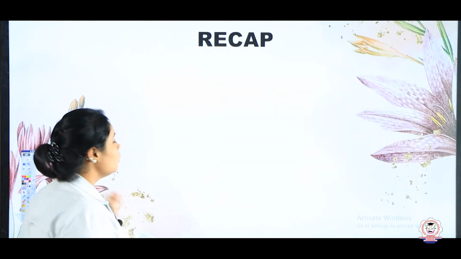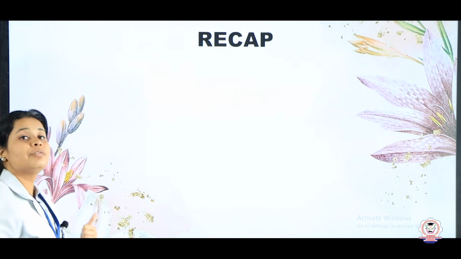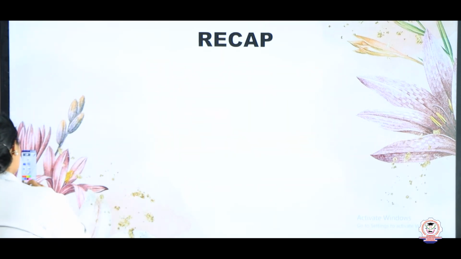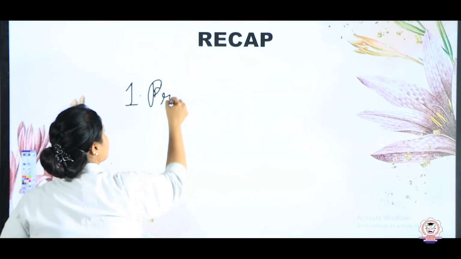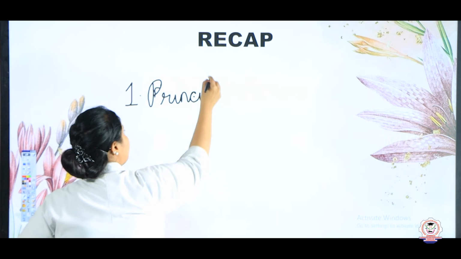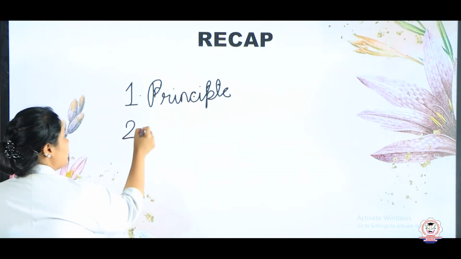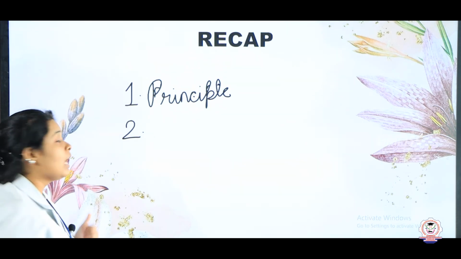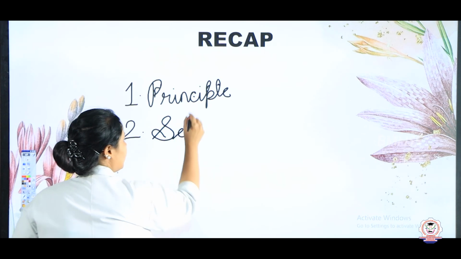Now see children, in this lesson we have talked about the different variations. First we talked about the principle of separation. After the principle of separation, we saw the separation techniques.